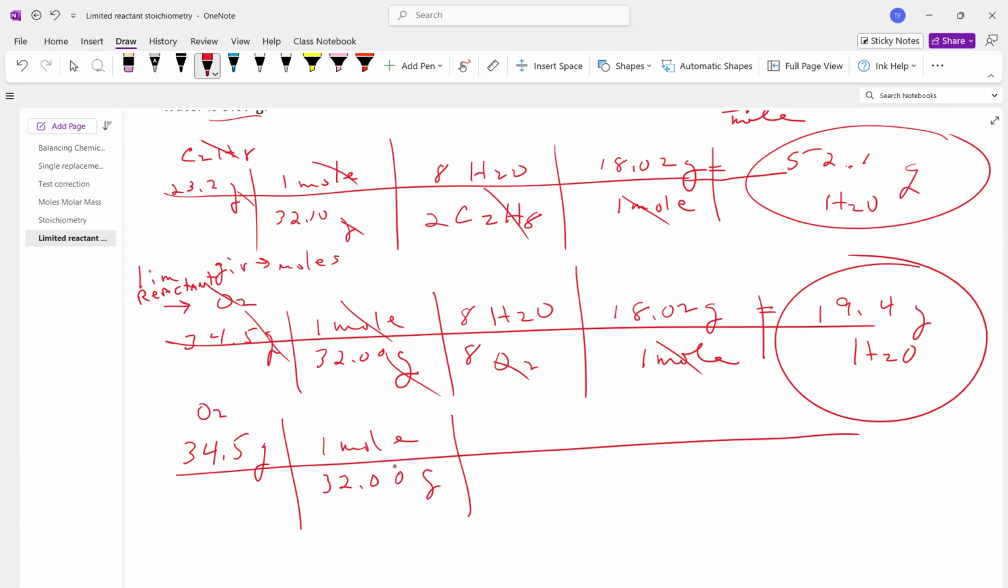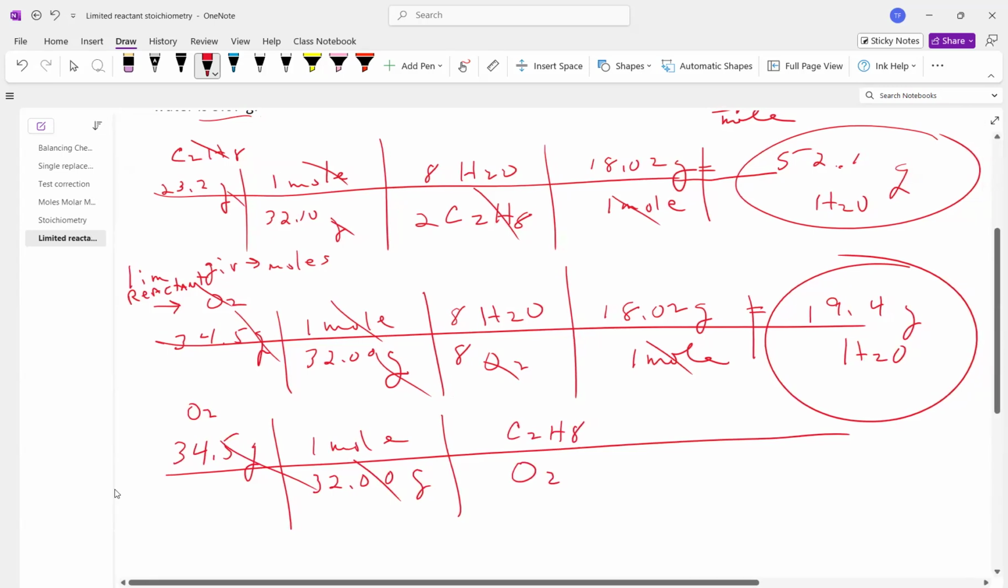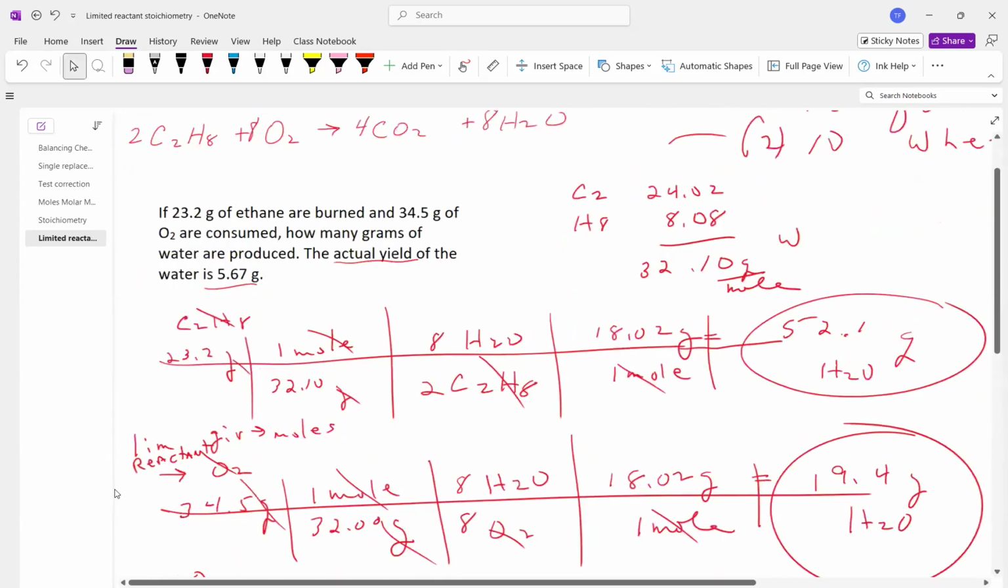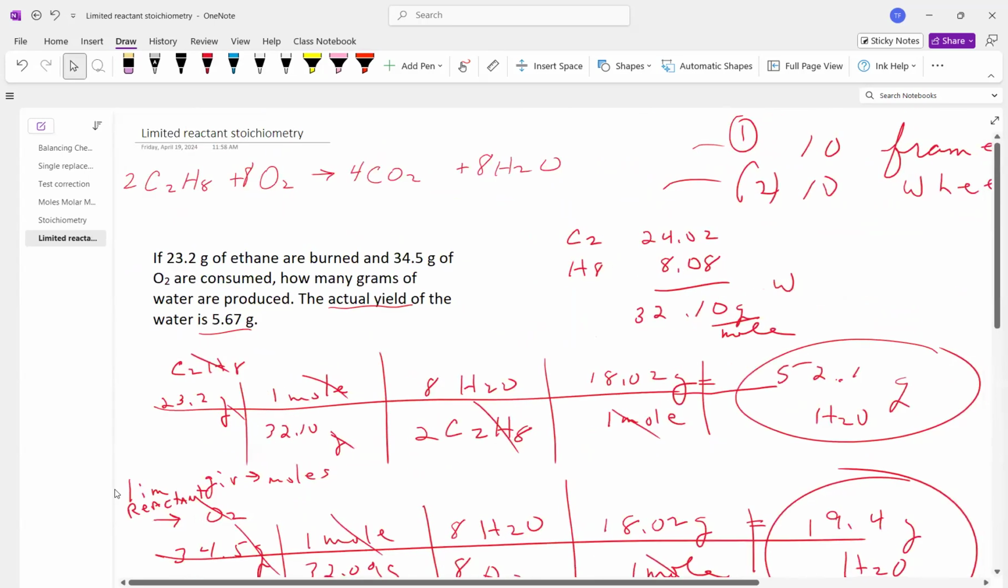Okay, so that gives us moles of oxygen. Now we're going to look at the ethane and oxygen ratio, again from our balanced equation. So it's 2 to 8: 2 ethanes, 8 oxygens.